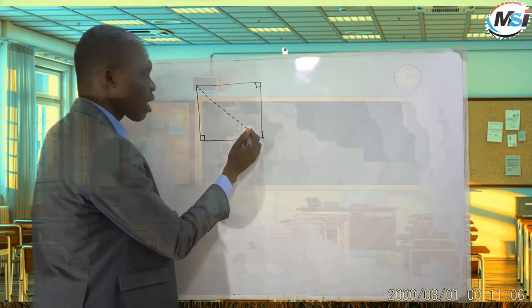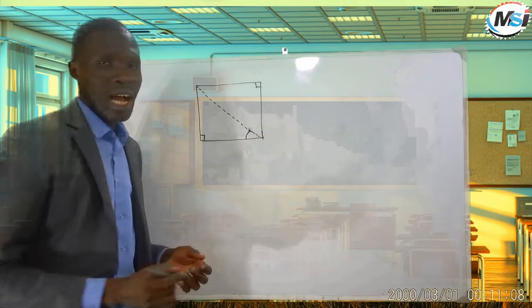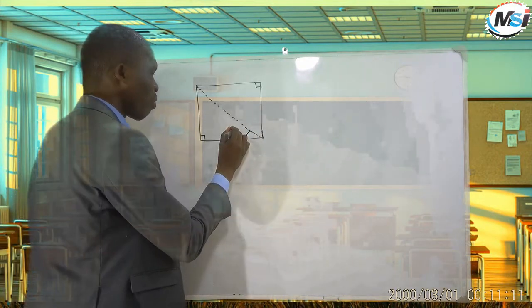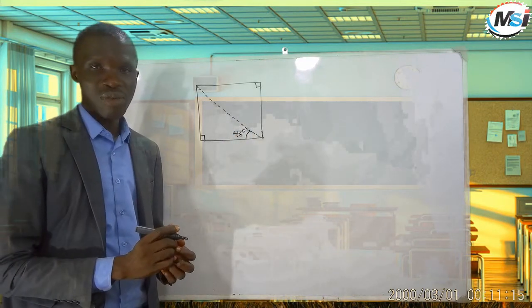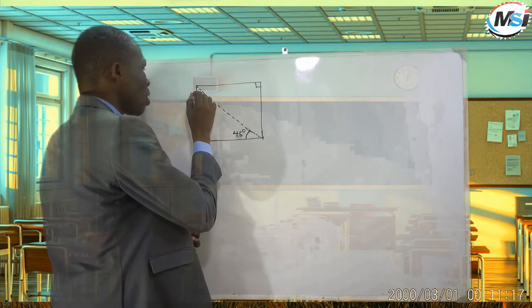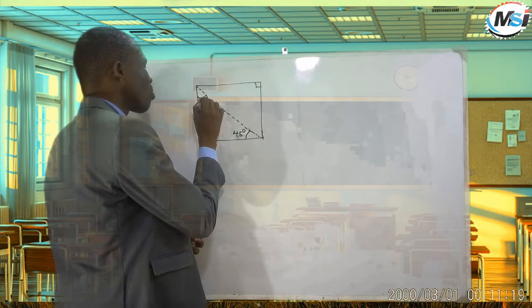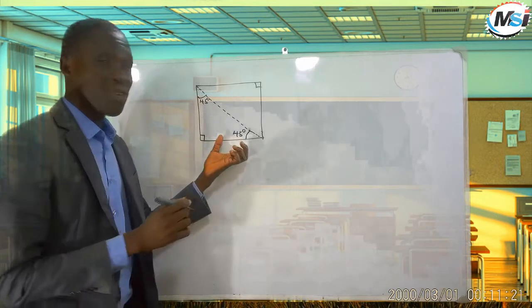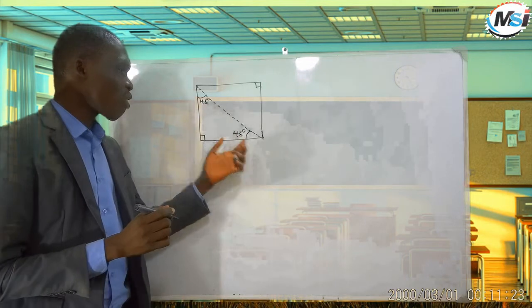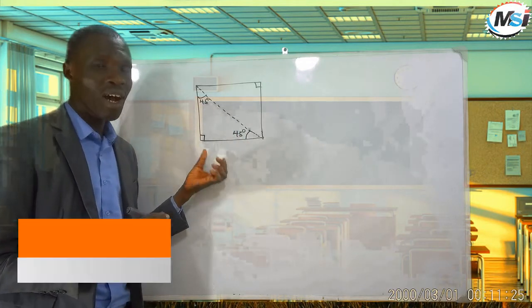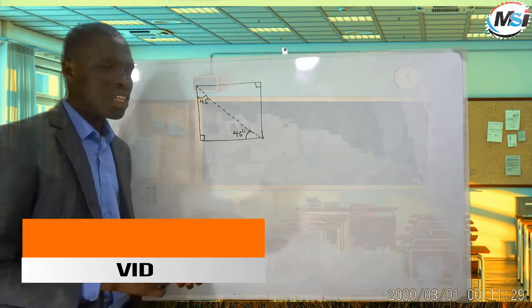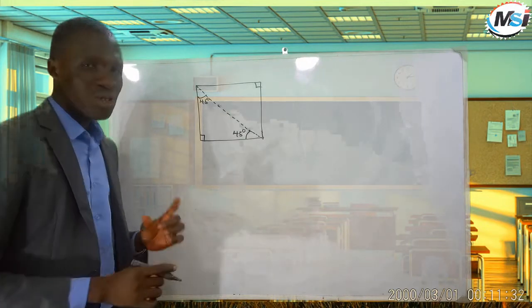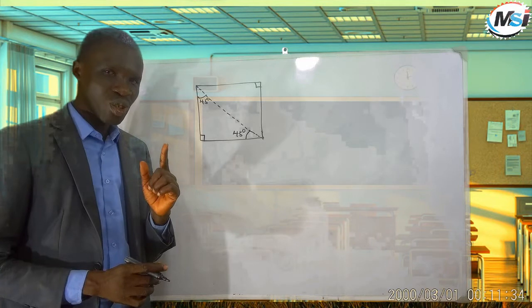Now, from here, we have the angle which is angle 45 degree. Here, we'll be having 45 degree. So if you add this to this, 45 plus 45, we are going to have complementary angle, which is angle 90 degree.